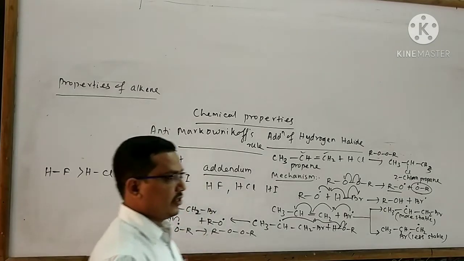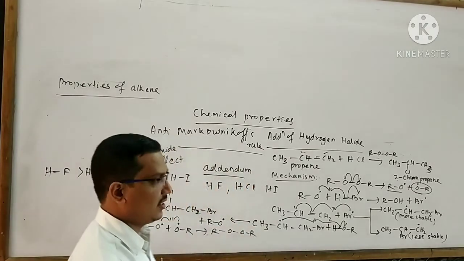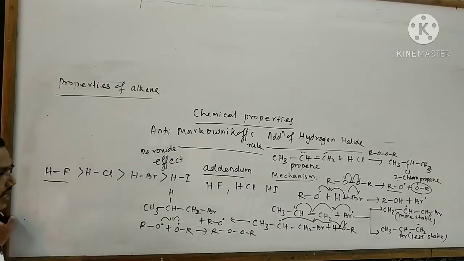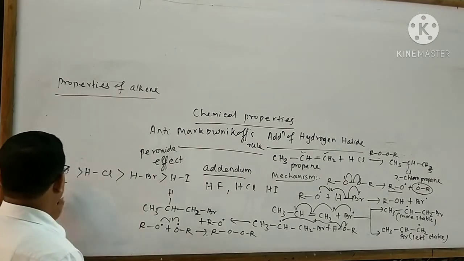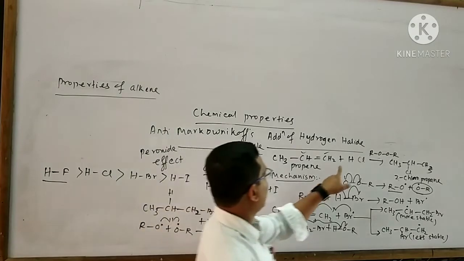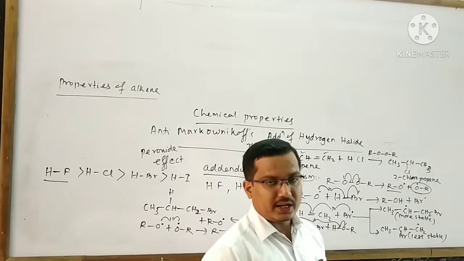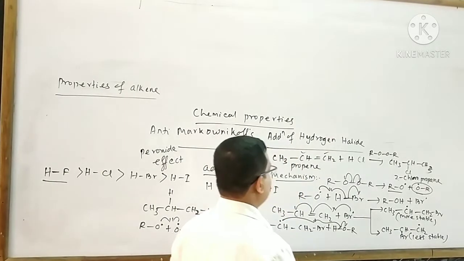Free radical mechanism needs more amount of energy. If I think about H-F, then it needs more amount of energy. That means if propene is subjected to reaction with H-F in the presence of organic peroxide, then what will happen?